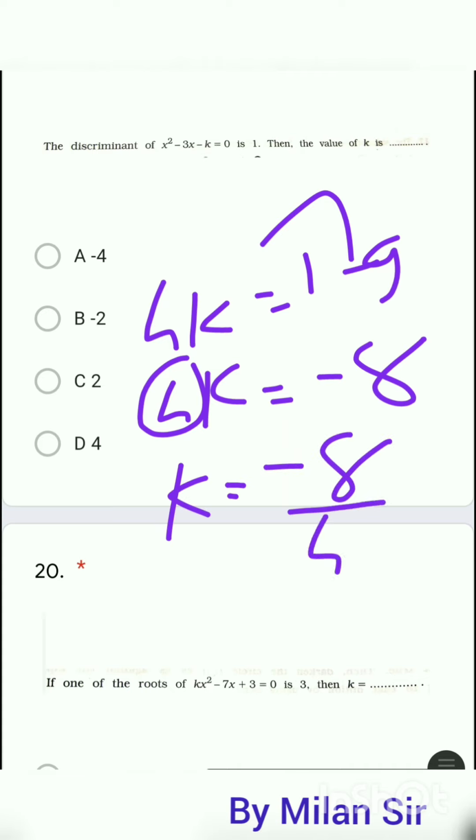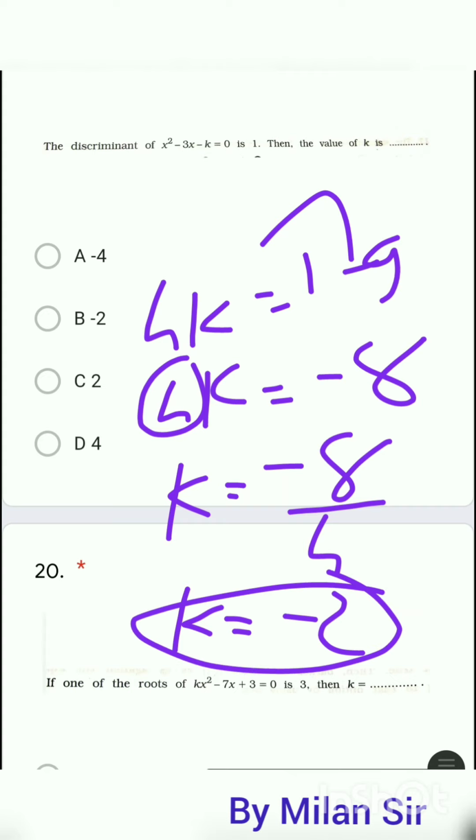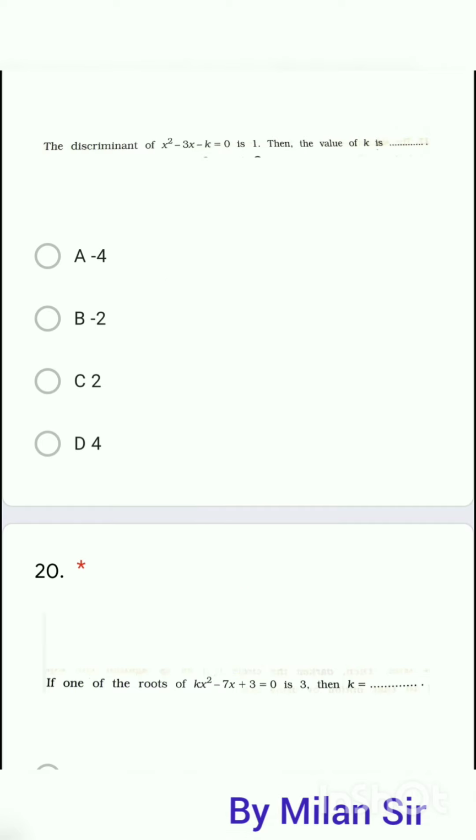So minus 8 divided by 4, 4 twos are 8, so minus 2. So k is equals to minus 2. Okay, so here our answer k is equals to minus 2. So option B is the correct answer.